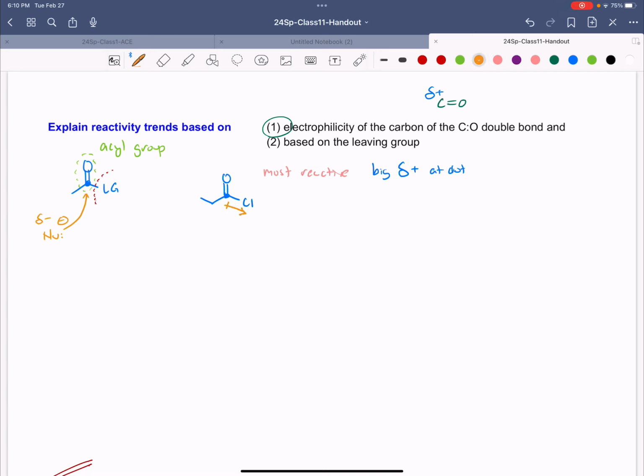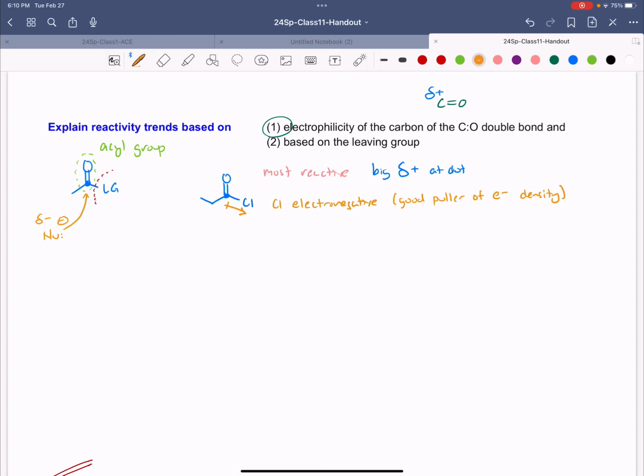Again, chlorine is electronegative, and it's a good puller of electron density. Okay, that sets the stage.